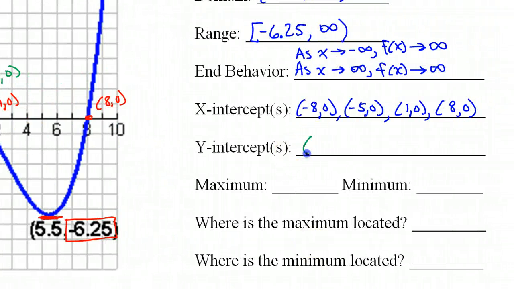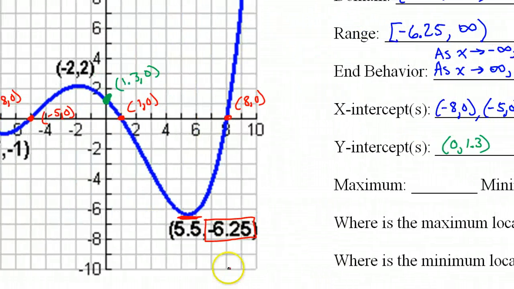So the y-intercept is approximately 0 comma 1.3. Whoa, I messed up the order when I wrote it down, didn't I? A little embarrassing. Yeah, it's on the y-axis, so we're talking 0 comma 1.3. Get it right, Burton, get it right.